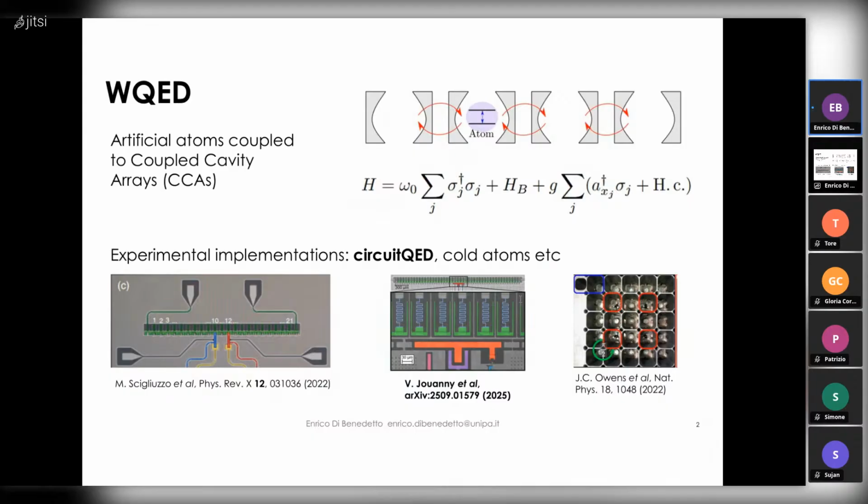Today, I will focus mostly on superconducting circuit implementations, in which people have shown in the last few years that you can really implement a strong coupling of a qubit, even multiple qubits, to a coupled cavity array. If you're interested in particular in this work, which was the first demonstration of the coupling of a giant atom to a structure that has an SSH bath, we also contributed, so if you're interested, you can go look it up.